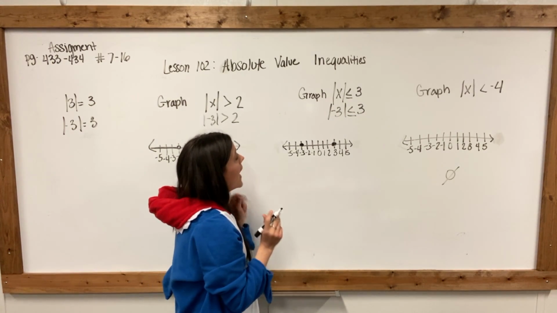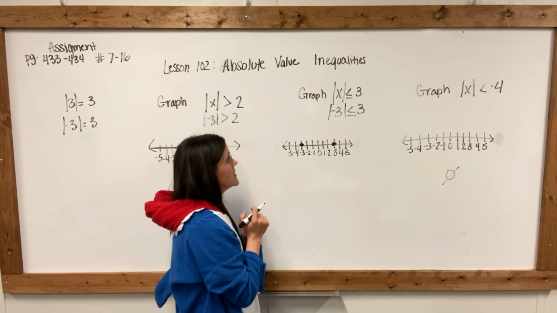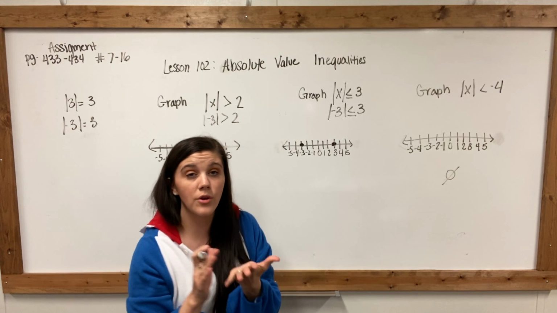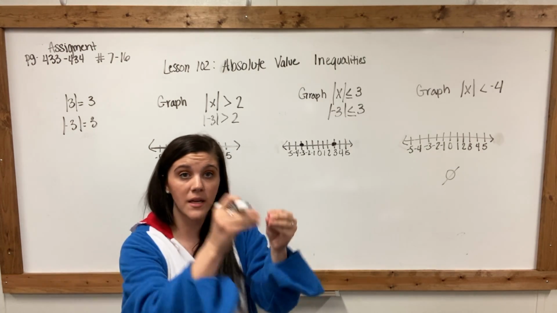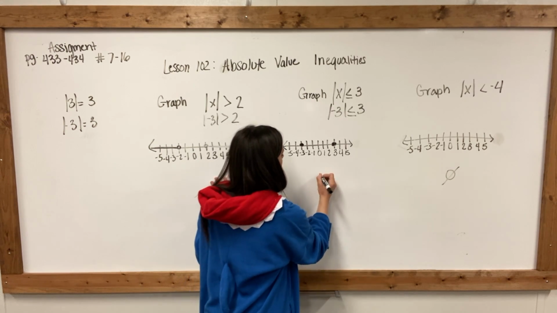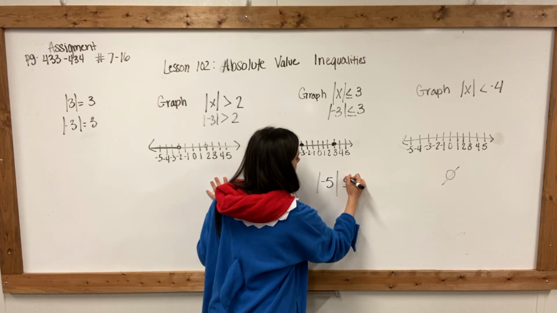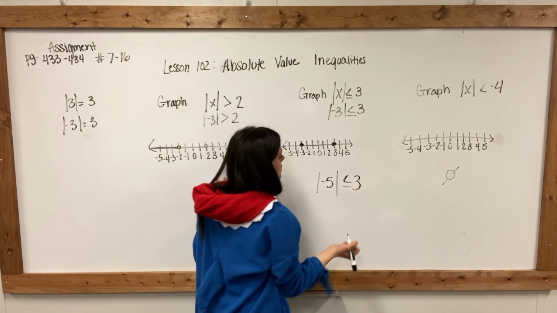Now, let's look at if I put in something from further down this number line. Some of these are just trial and error. You kind of just have to plug it in place of x to see if it would work. So let's try the absolute value of -5 is less than or equal to 3.